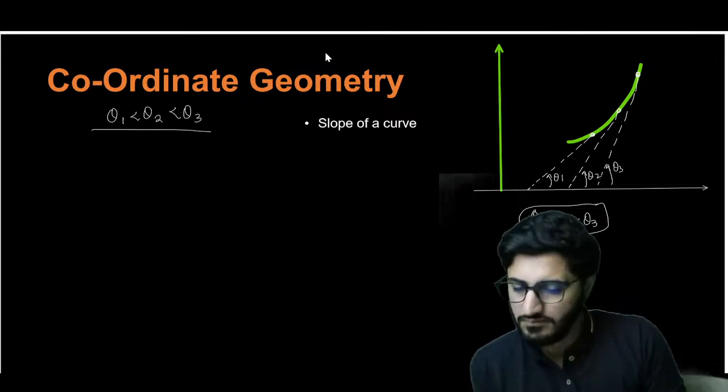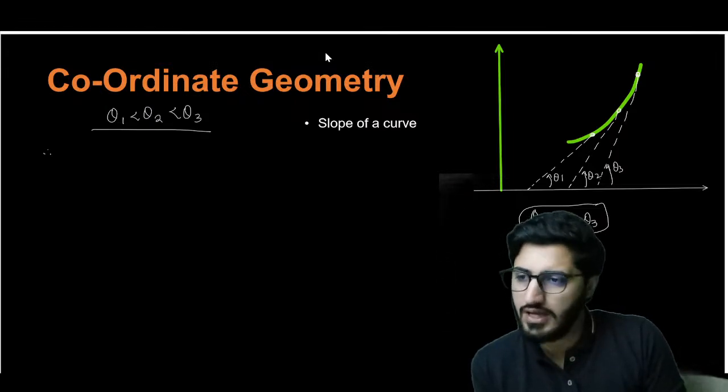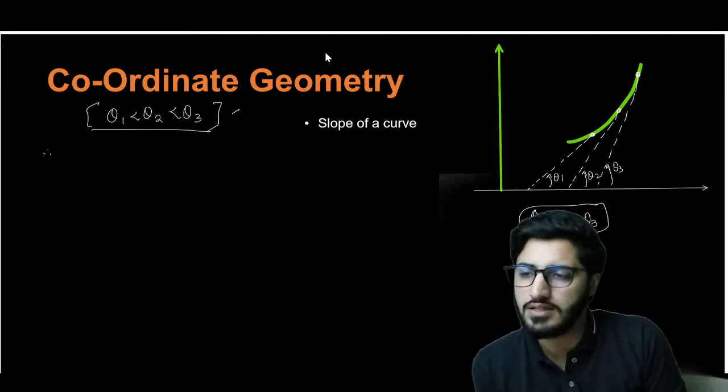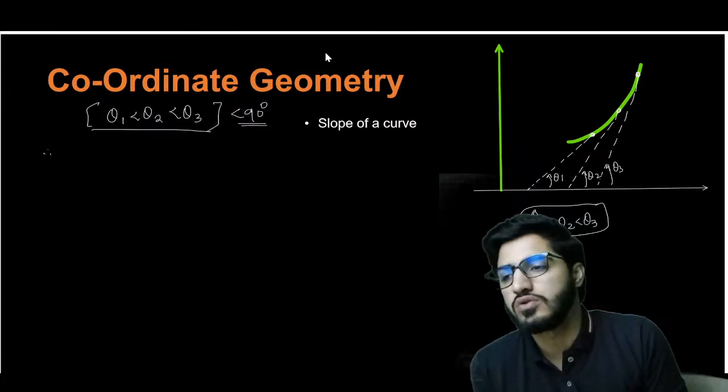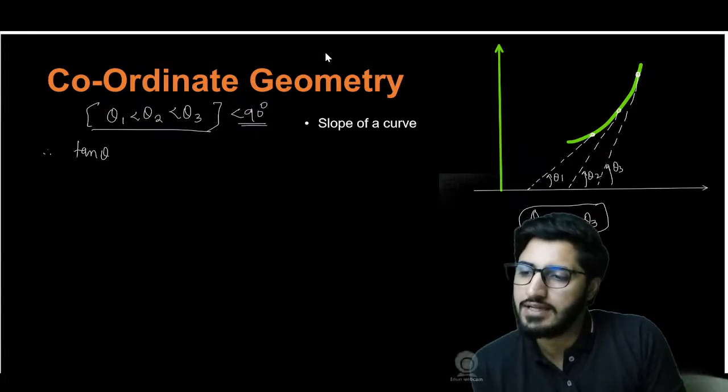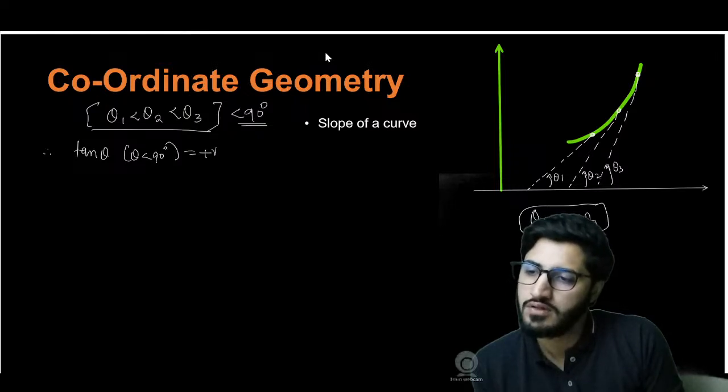Now all of these, theta 1, theta 2, theta 3, are less than 90 degrees. That means acute. If theta is less than 90, tan theta is positive. If this is positive, I can write that my slope will be positive.